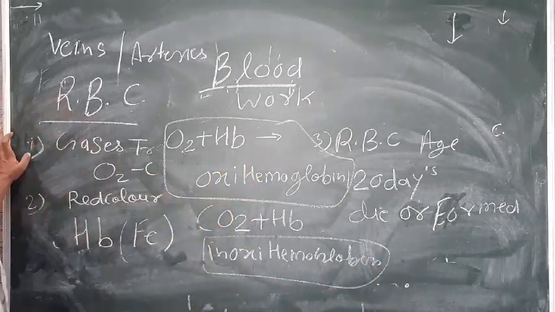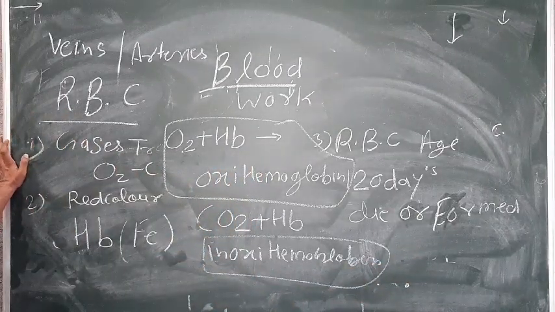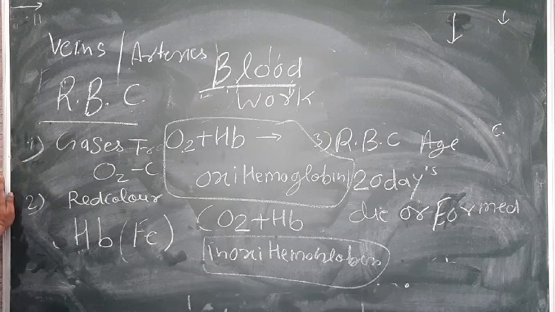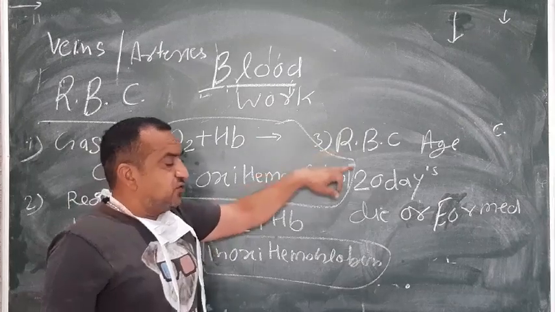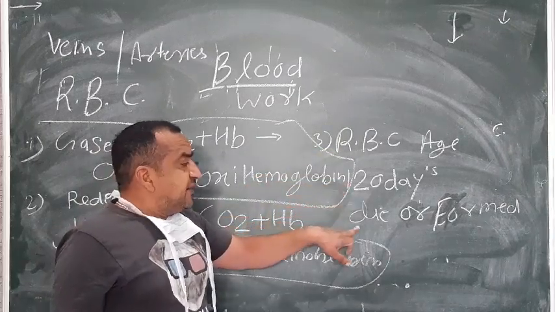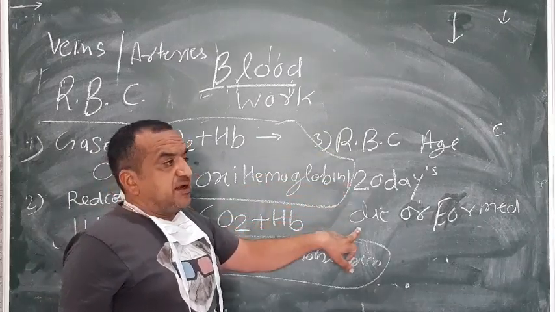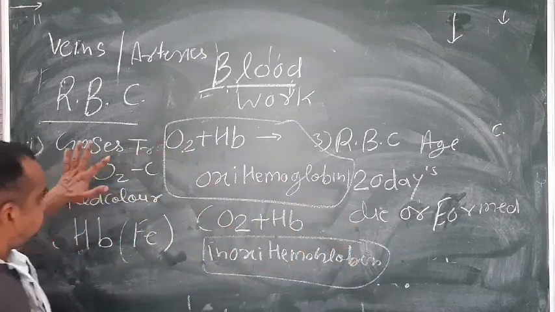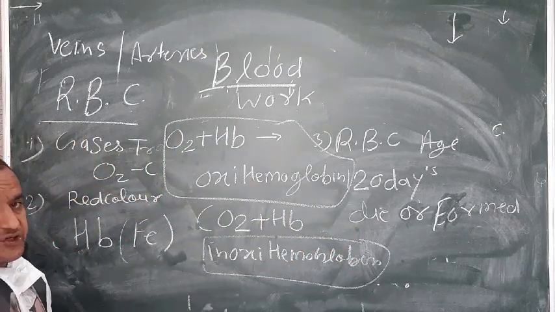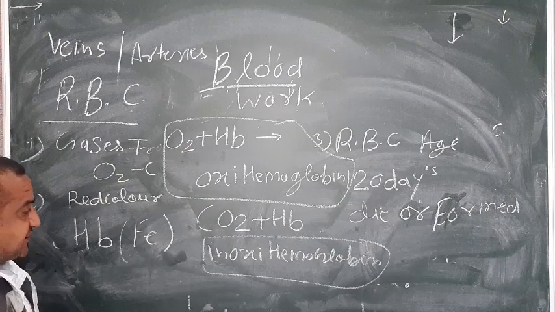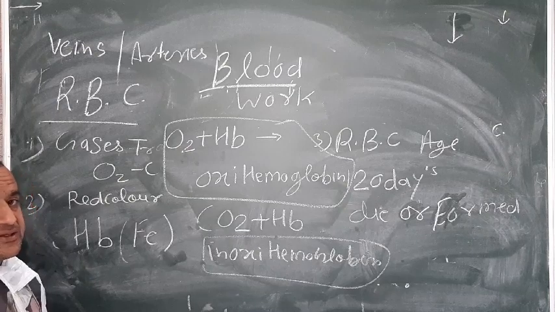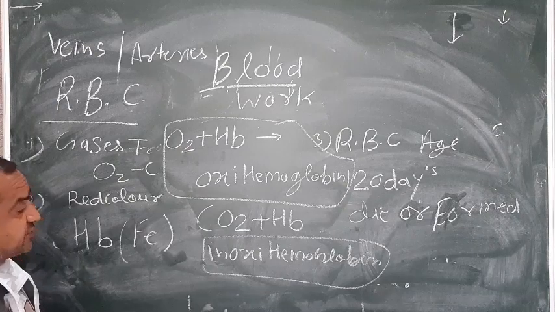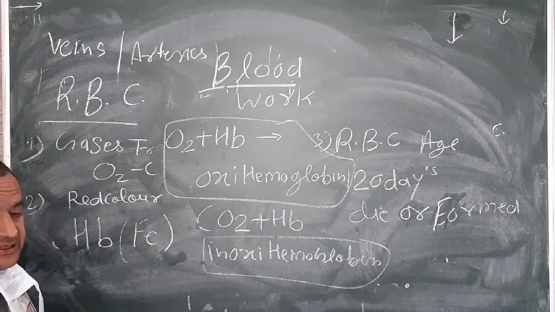Red blood cells mainly work in the transition of gases. The red color comes from the region of hemoglobin, where the iron metal is present. RBC age is 120 days; in 120 days, RBC die or are formed. RBC main work is to spread nutrition and gases through our whole body. And it is nucleus free: no nucleus is present in an RBC.